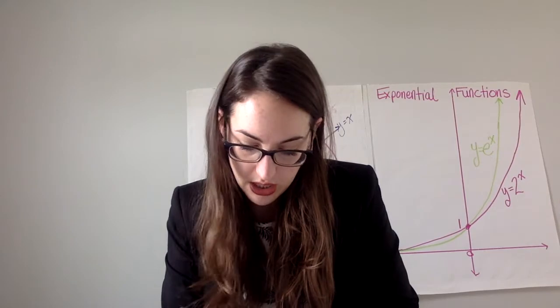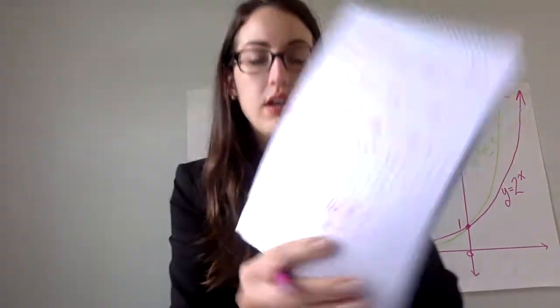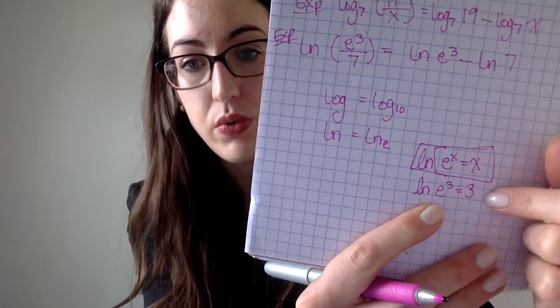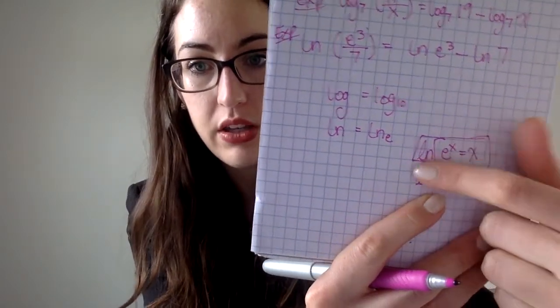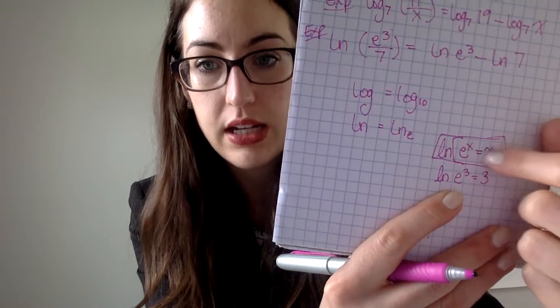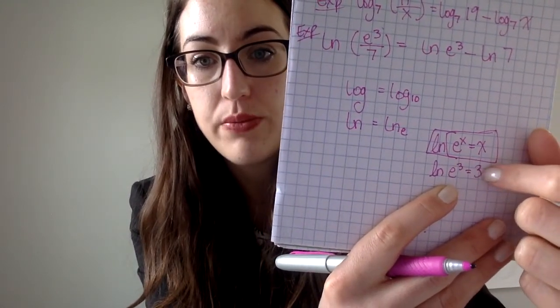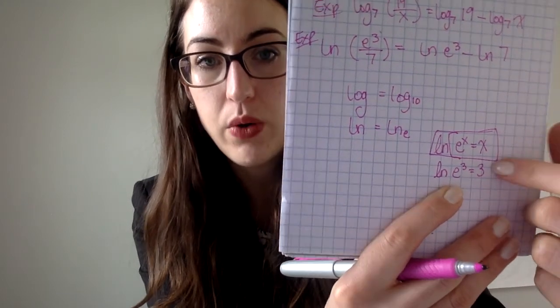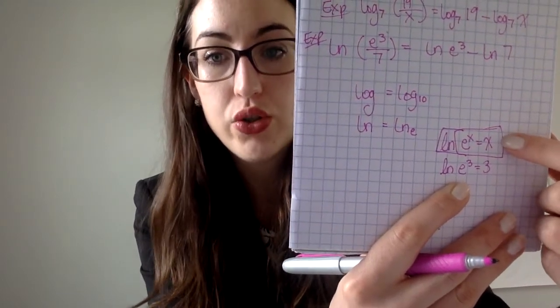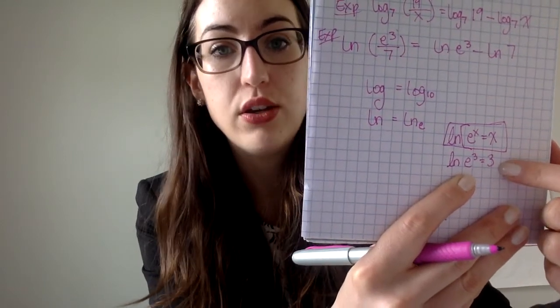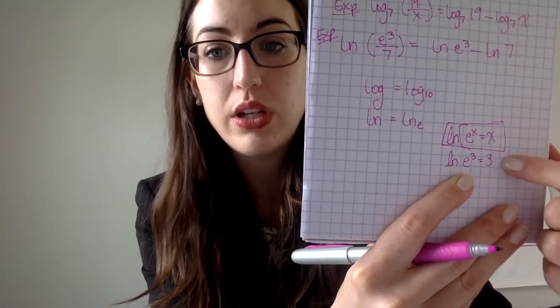The rule is natural log of e to the x equals x, and natural log of e cubed would then equal 3. Sorry, I forgot the natural log out front. Following this rule, natural log of e cubed would equal 3.